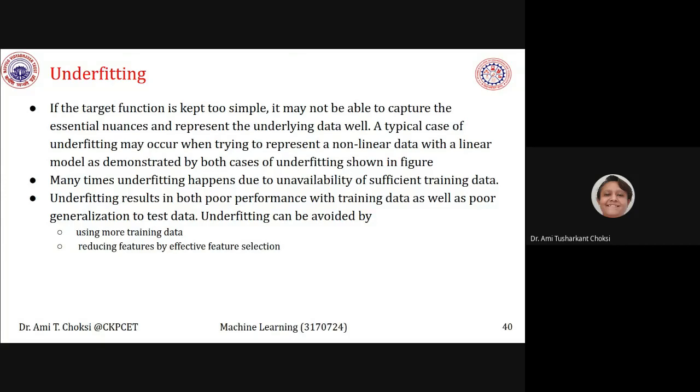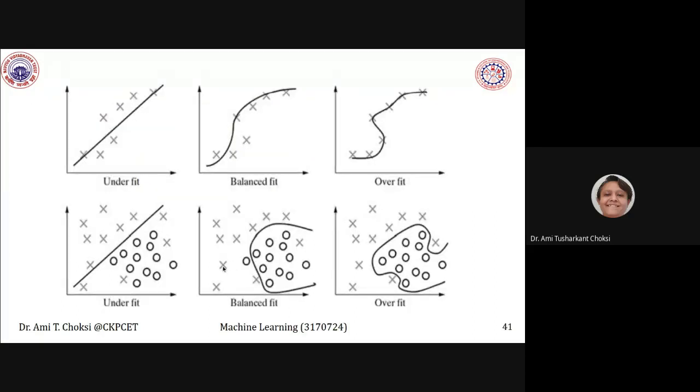Underfitting can be avoided by using more training data, and the second way is reducing features by effective feature selection. So this is what we have seen for underfit, balance fit, overfit, right?